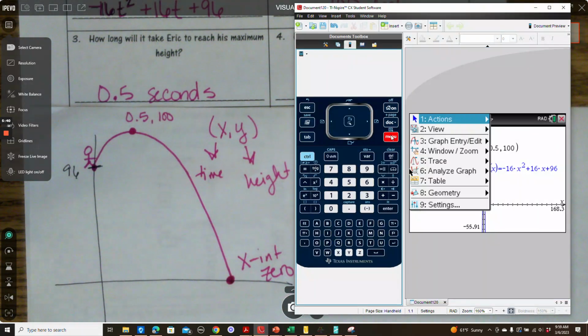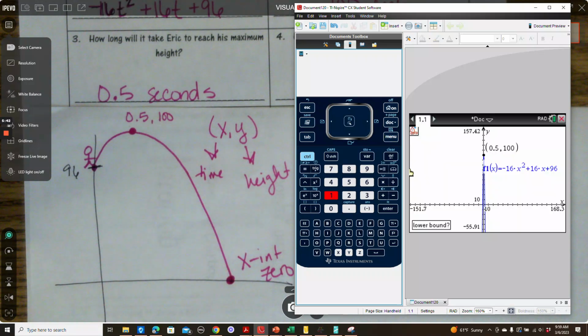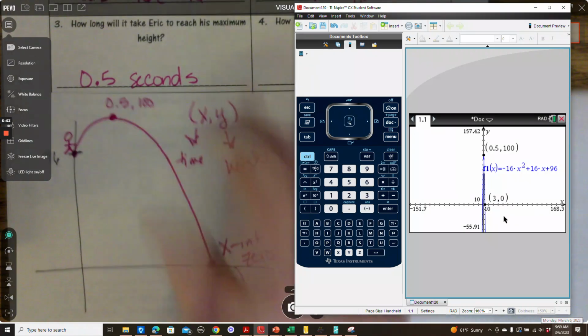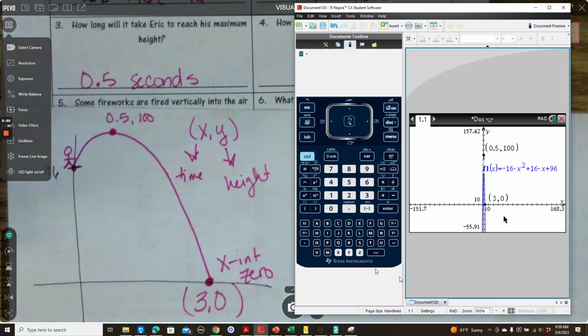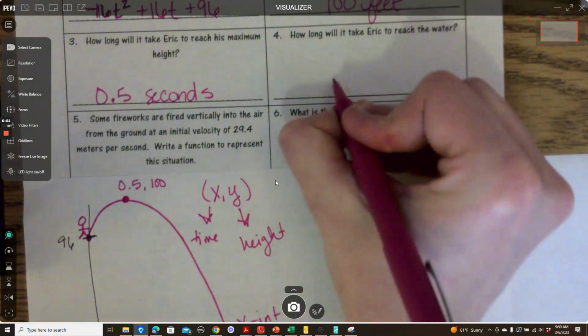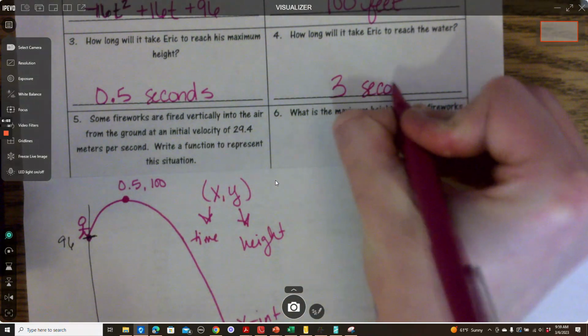So menu 6, 1, we're going to find the 0. And that 0 is at 3, 0. So how long will it take Eric to reach the water? Again, the x is your time, so it's going to take him 3 seconds.